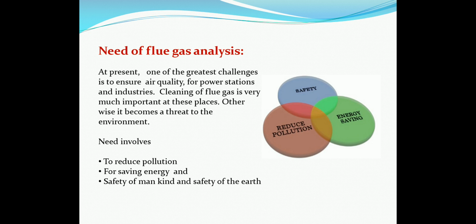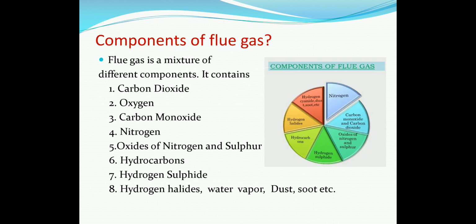Otherwise, it becomes a threat to the environment. Let us see the components of flue gas. Flue gas is a mixture of different components. It contains carbon dioxide, oxygen, carbon monoxide, nitrogen, oxides of nitrogen and sulfur, hydrocarbons, hydrogen sulfide, hydrogen halides, water vapor, dust, soot, etc.